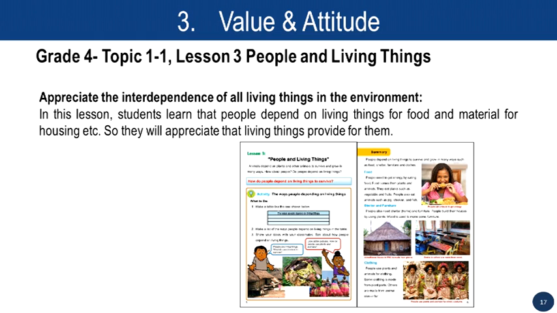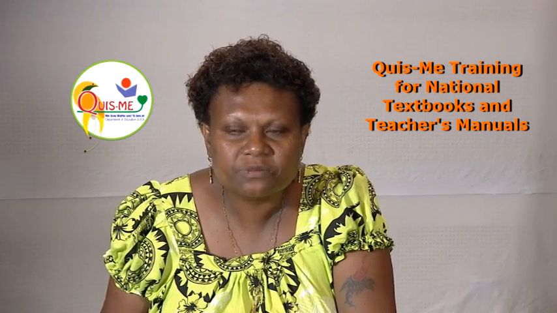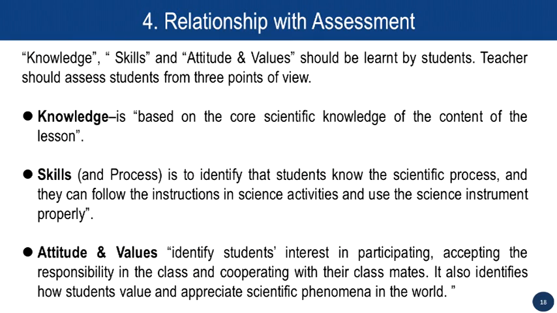In this lesson, students learn that people depend on living things for food, material, housing, etc. So, they will appreciate the living things provided for them. Therefore, in relation to assessment, teachers should assess students in all aspects of learning.